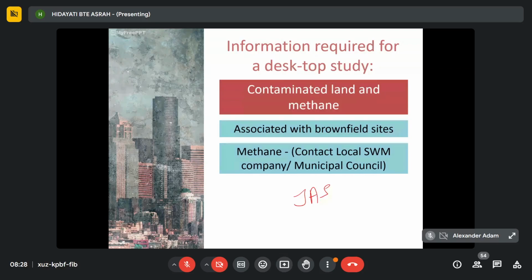But if needed, you can also do an extensive soil test to confirm if there is any contamination on the site. Methane is usually found in landfill sites. If your site project is a landfill, possibly there will be methane. So for this one, you can contact the local municipal council for the issue of methane.